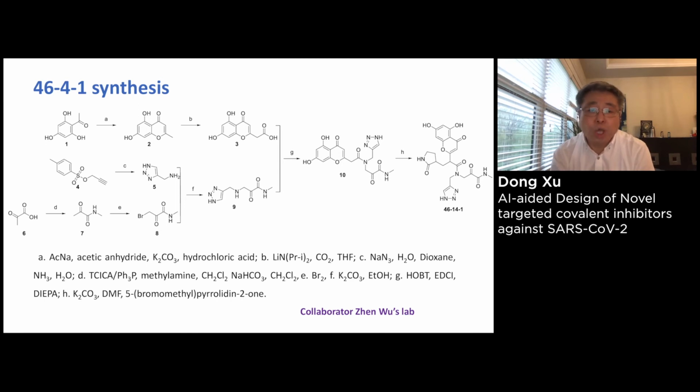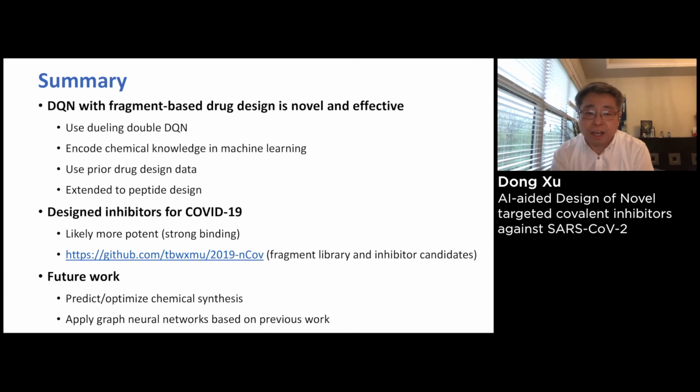And also, we encode chemical knowledge in machine learning. And we grow the fragment one at a time instead of one atom at a time. This has not been done by other methods. We also use previous drug design data, that is 300 compounds from SARS drug design.